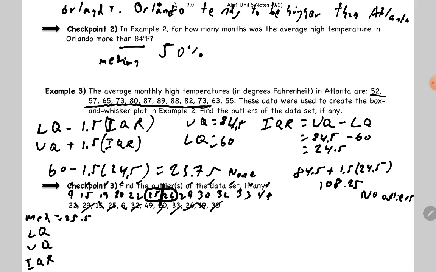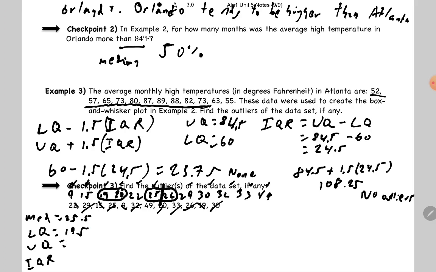So the middle of that is 19 and 20. Between that is my lower quartile, so that is 19.5.